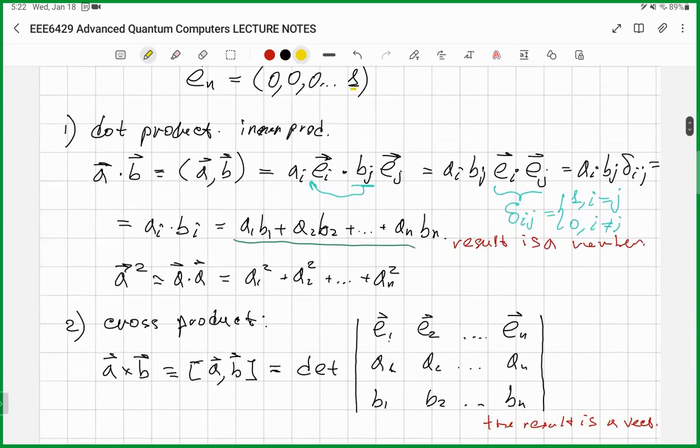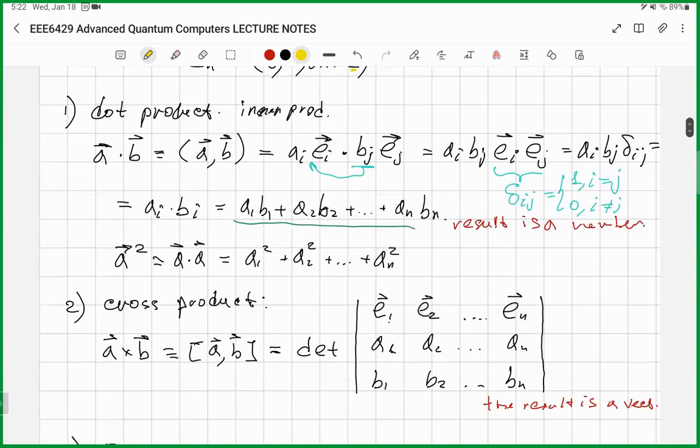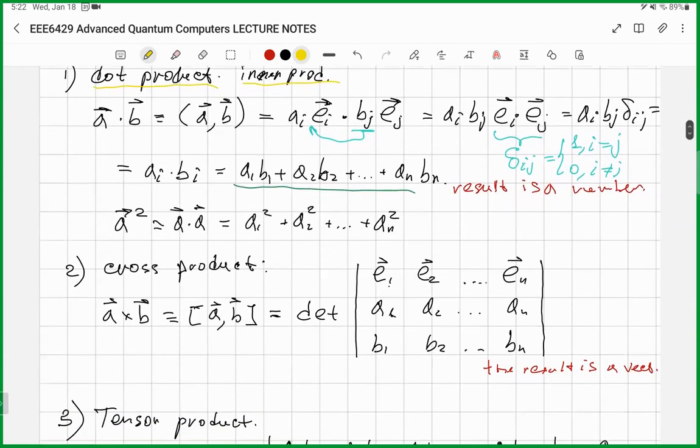Very good. Then we introduced the three types of products of vectors. The first one is the dot product, also known as the inner product. The inner product is basically a scalar product of two vectors, and to calculate it, I simply take the sum of the products of each component of the vectors.